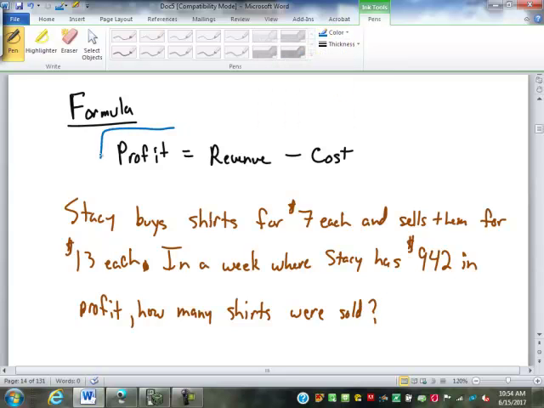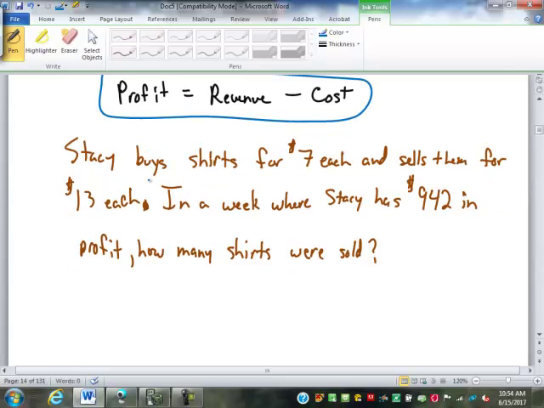Well, we have to fit this into this formula. So we have to express each of those items. First of all, profit. What do we know about profit in this problem? Yeah, $942, right? So we're given the $942. That's not necessarily their take home because they might have other expenses. So $942.